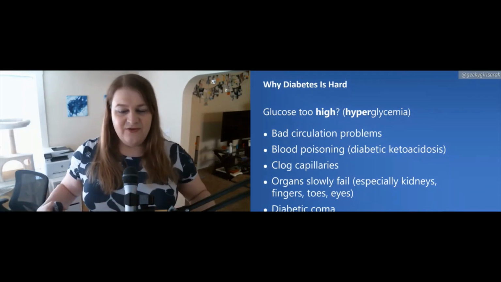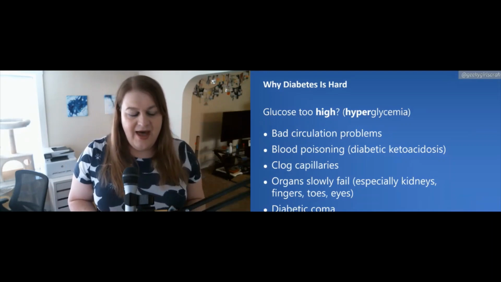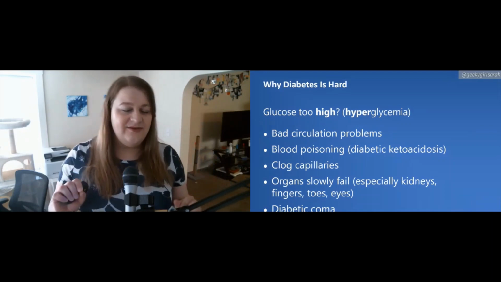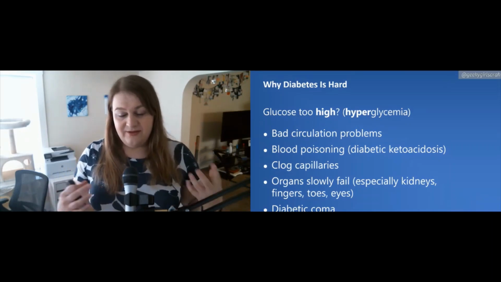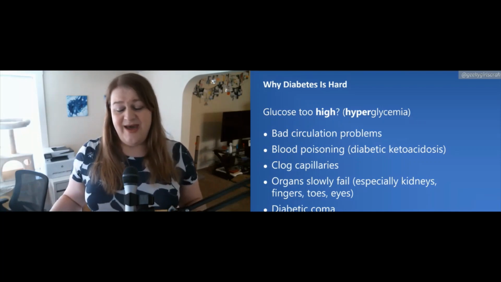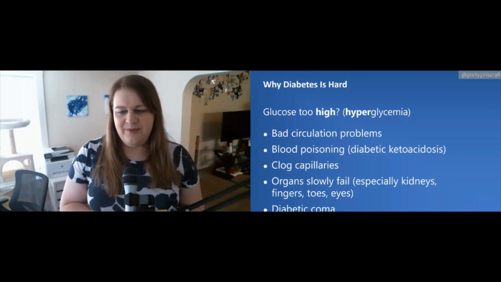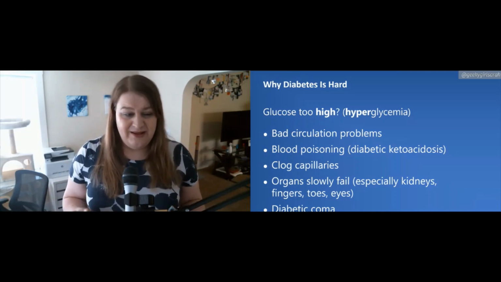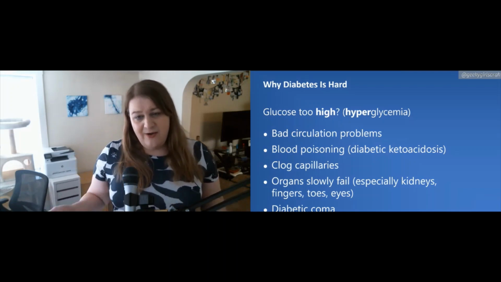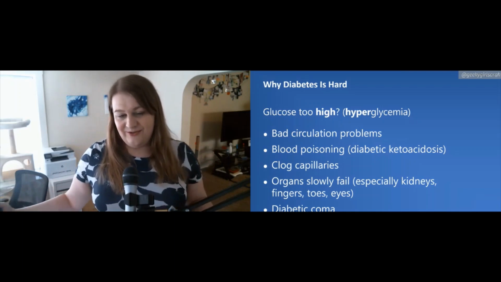The ketones build up in the body, though, and there's not insulin, and then you end up poisoning your blood, basically. Tiny blood vessels called capillaries can clog with glucose molecules. Organs can slowly fail because of that. So kidneys, fingers, toes, eyes, all of these have those tiny capillaries and bad things can happen. You could land in a diabetic coma. None of these things are particularly great, which is why you don't want your glucose to go too high.